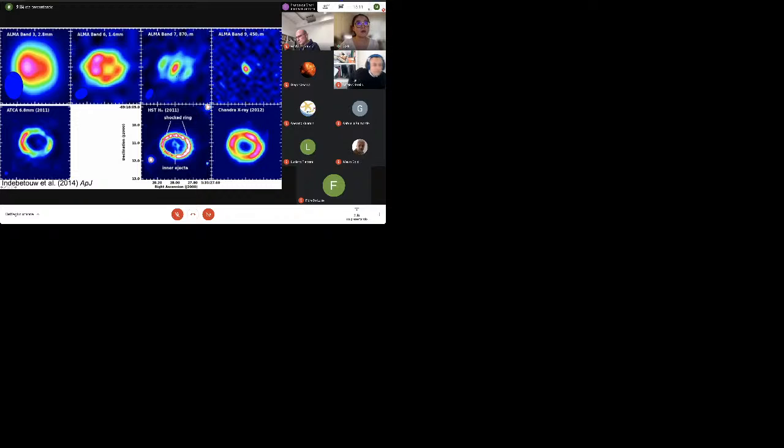Shown here are the ALMA observations of supernova 1987A, and we clearly see the formation of dust grains in the center of the supernova remnant at shorter wavelengths. However, as many of you know, most dust phases have very weak spectral features, making it very challenging to study dust chemistry by spectroscopic observations.